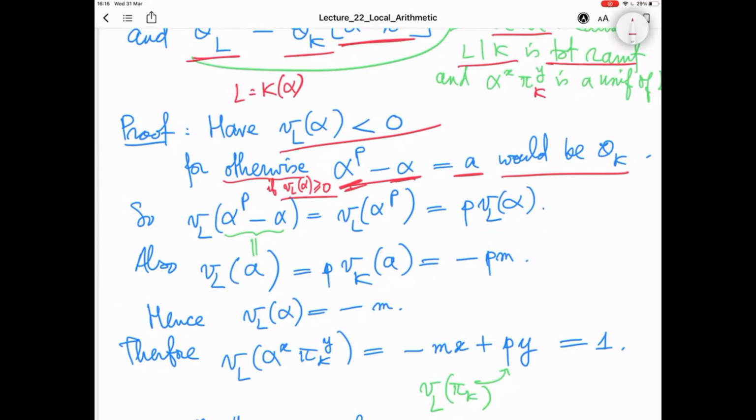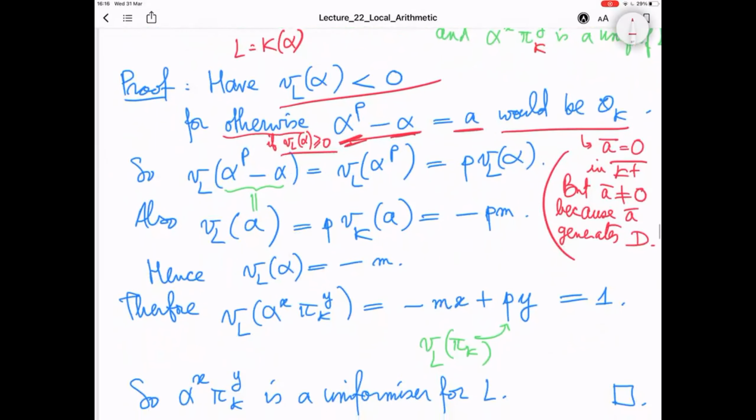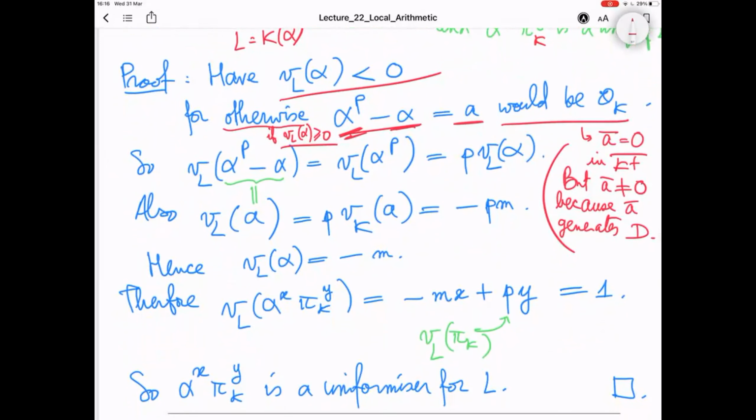But A is not in OK, right? And if A had been in OK, A bar would be 0 in K plus bar. But A bar is not 0 because A bar generates this D. A bar has order P in K plus bar.